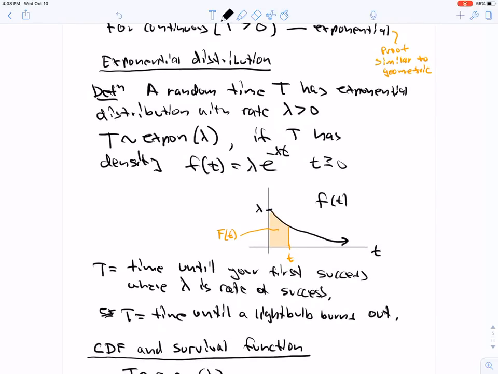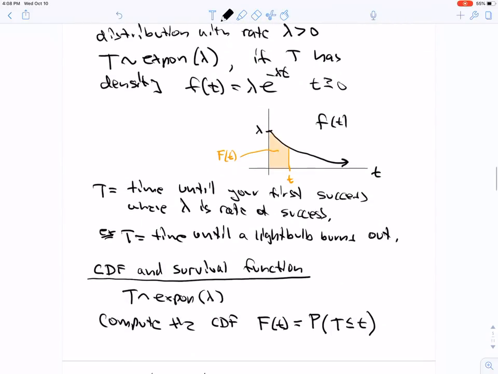So the exponential distribution is, by definition, a random time t that has exponential distribution with rate lambda greater than 0. In other words, we write t belongs to the exponential lambda if t has density f of t equal to lambda e to the minus lambda t for t greater than or equal to 0. So I've drawn a graph here of an exponential.